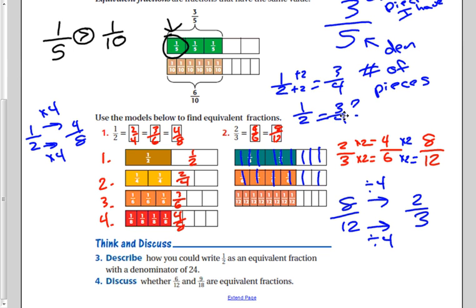Hopefully you would know that no, it absolutely is not. 1/2 is equal to 2/4. So please remember that you may not add or subtract to make equal fractions. You may, however, multiply the top and bottom by the same number or divide the top and bottom by the same number. Either of those are going to work.